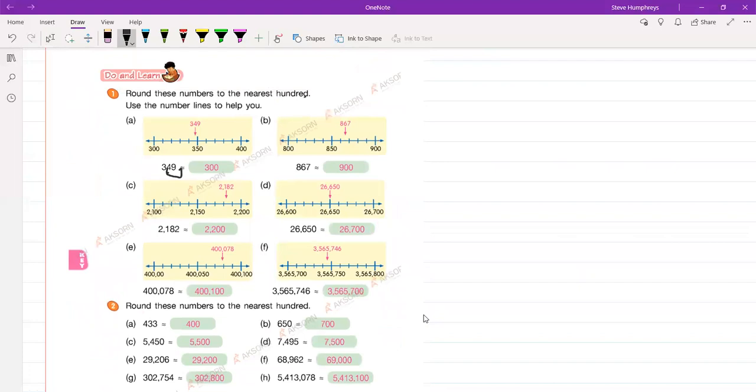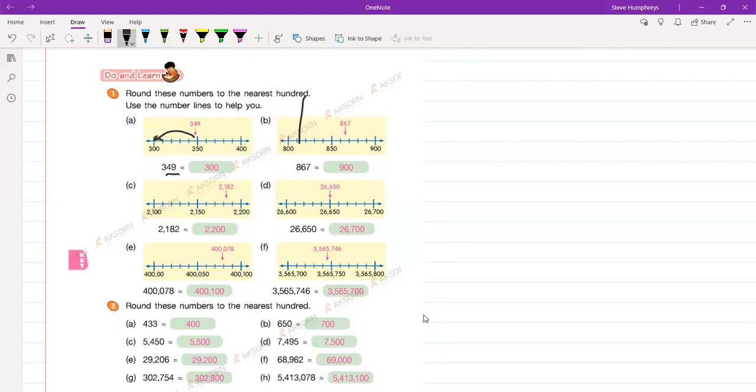Oh, let's get this pen sorted out. The number is 349. Look at the last two digits. If it's between 1 and 49, you round it down to the nearest multiple of 100. Okay, so write it in the box.